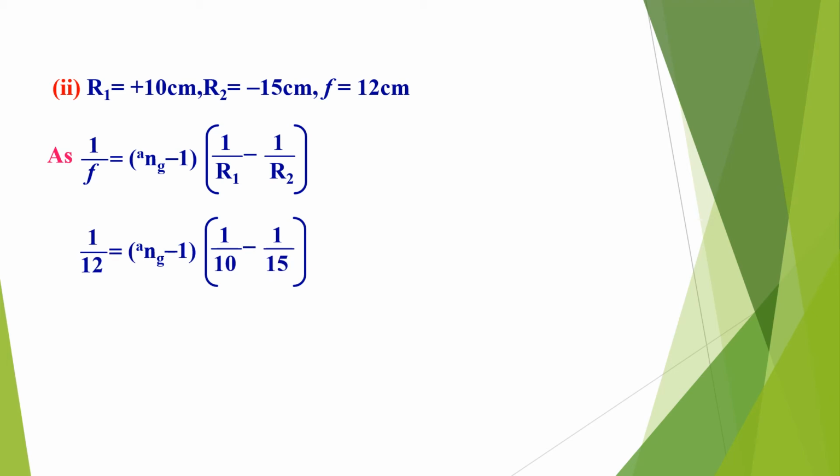The focal length is plus 12 centimeter, therefore 1 by plus 12 is equal to the refractive index of the glass with respect to air minus 1 multiplied by 1 by 10 minus 1 by minus 15. That equals the refractive index of glass with respect to air minus 1 multiplied by 1 by 6. Or the refractive index of glass with respect to air minus 1 is equal to 0.5. By solving the above equation, the refractive index of glass with respect to air will become 1.5.